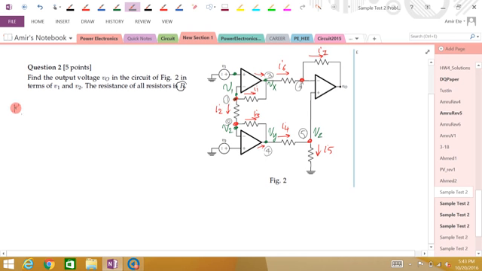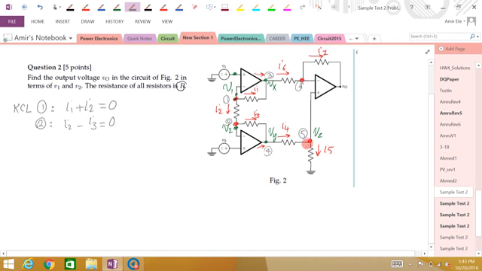So the KCL for node 1 is I1 plus I2 equals 0, or you can say I1 is leaving this node, so minus I1 minus I2 equals 0, which is the same thing. KCL for 2: I2 enters, I3 leaves, so I2 minus I3 equals 0.